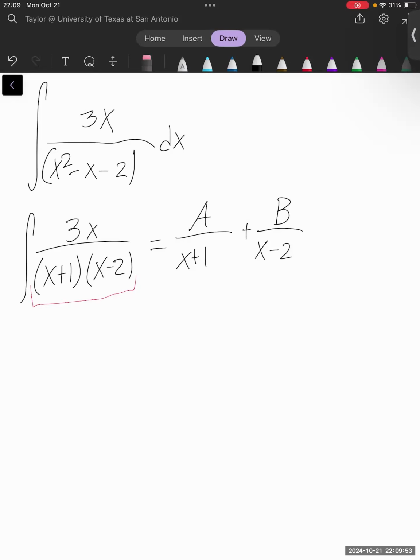So what this does is this gives us 3x. So we're solving for this term up here. So 3x equals a times x minus 2 plus b times x plus 1.